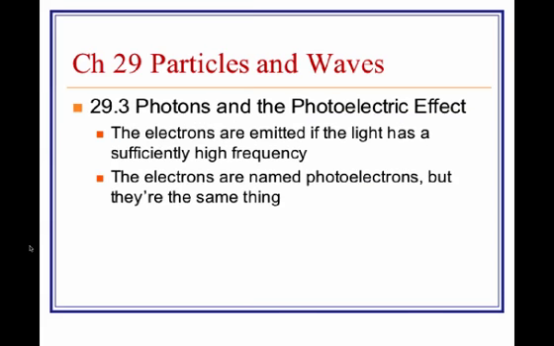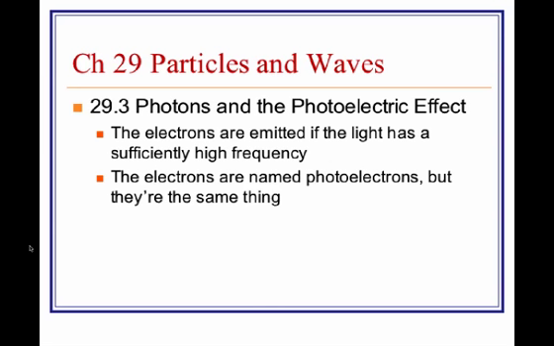A couple of ground rules for the photoelectric effect. First, this is for visible light, UV light or infrared light, so light within that range. We talk about different interactions that occur at higher levels of electromagnetic waves.